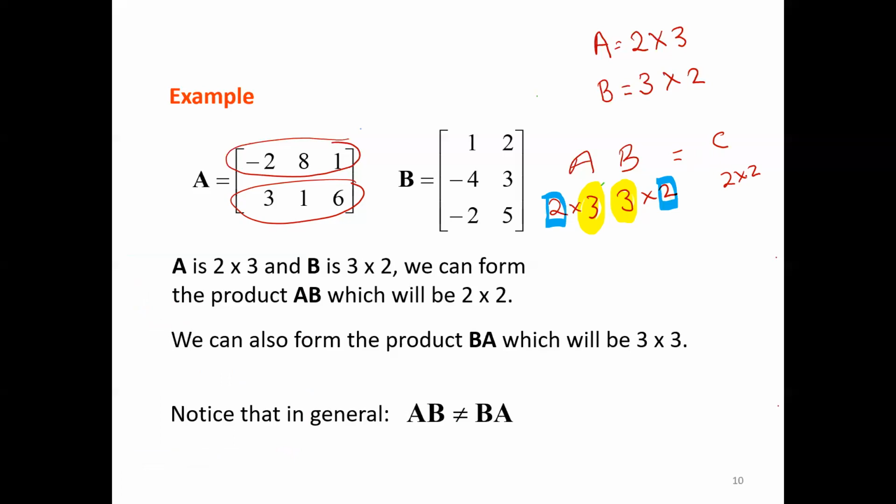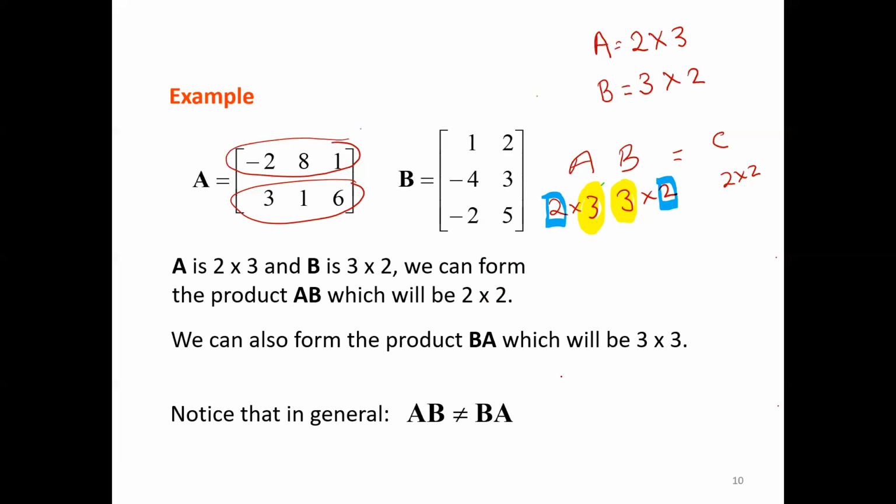As I said, if A is 2 by 3 and B is 3 by 2, then we can form the product AB, which will be 2 by 2. We can also form the product BA. If we do BA, the answer will be 3 by 3.